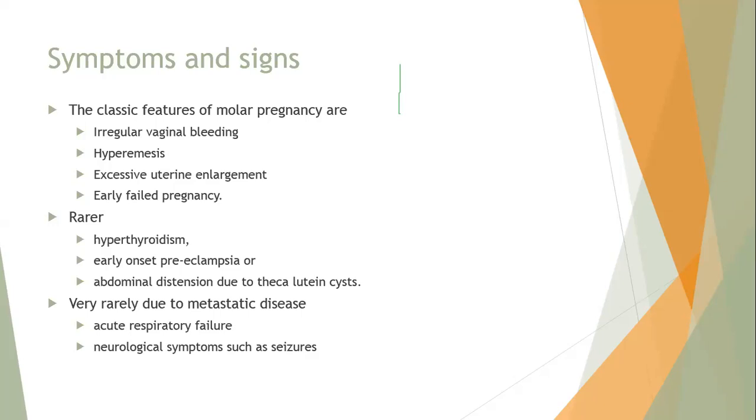So hyperemesis gravidarum is one of the most classic features of molar pregnancy. Also irregular vaginal bleeding, excessive uterine enlargement, and early failed pregnancy. If we made it into a case, you will have patient X. This patient comes 6 weeks pregnant. When you examine her, you find her uterus like 12 weeks pregnant.